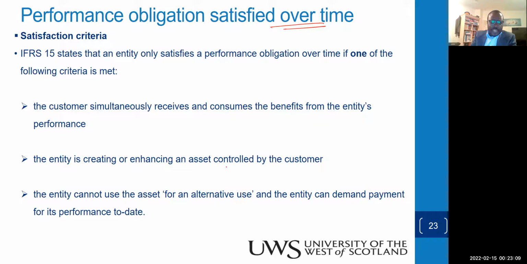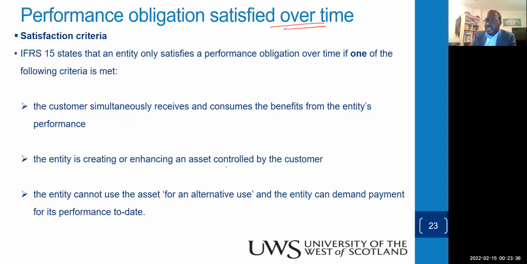Then we also talk of three, the entity cannot use the asset for an alternative use, and the entity can demand payment for its performance to date. So I've done it. I've finished the product. I'm not using it for anything, and I can demand that as at this level where I've gotten to, you pay me.